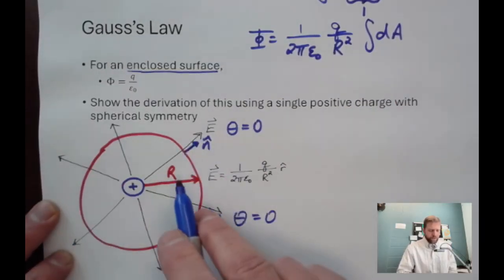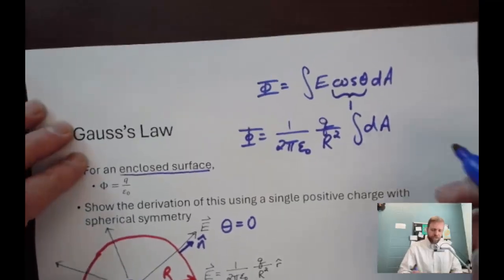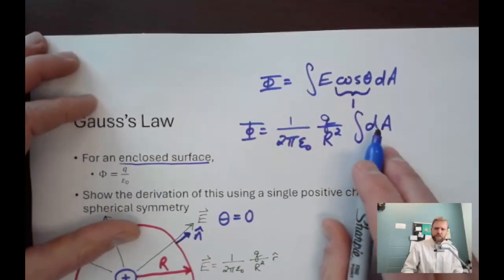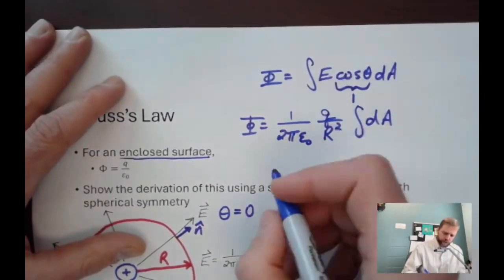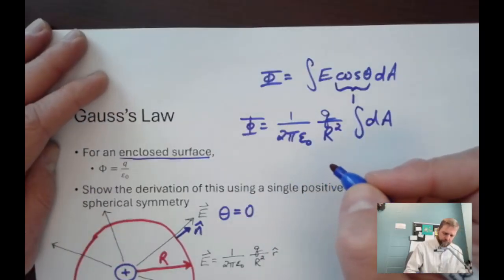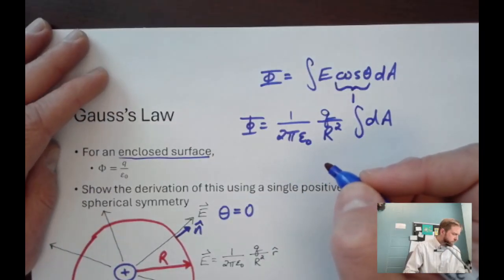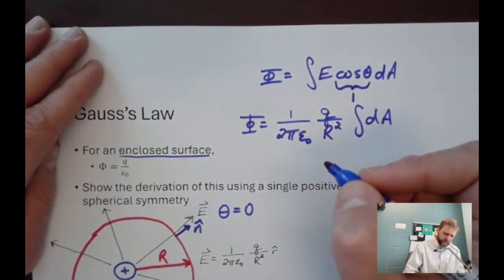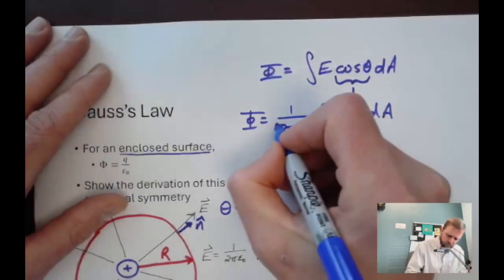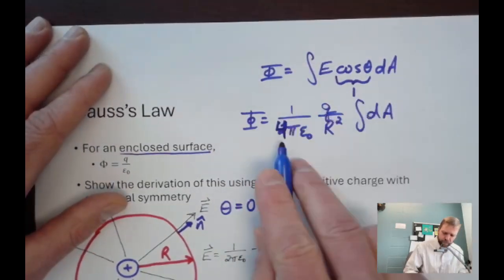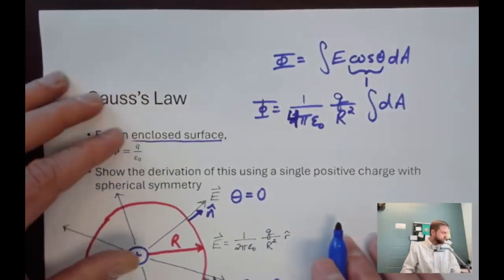When you integrate over the surface of a sphere, the area is 4 pi r squared. Oh, I'm sorry, this is 4 pi, not 2 pi. That's 4 pi epsilon naught.